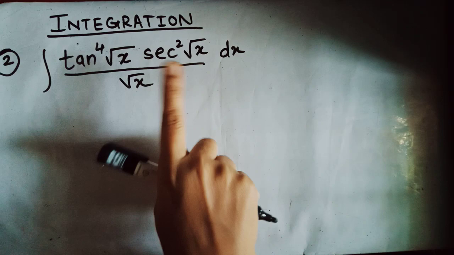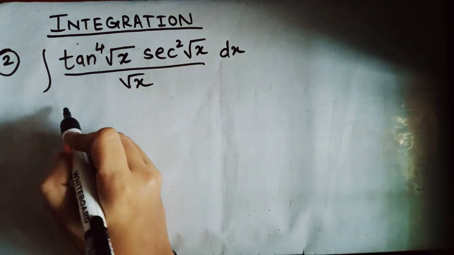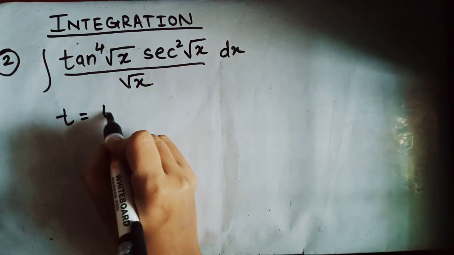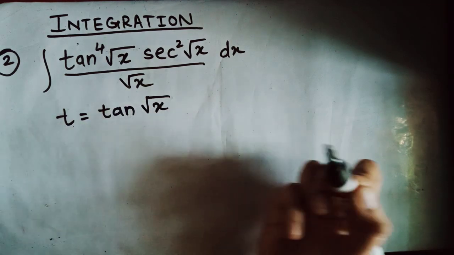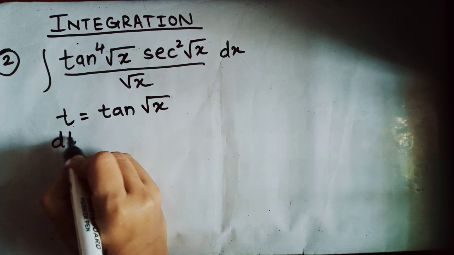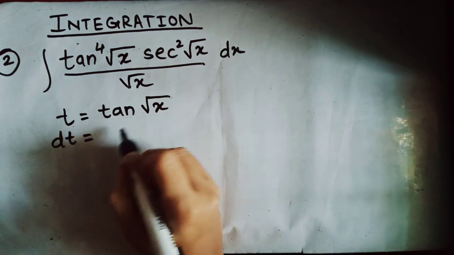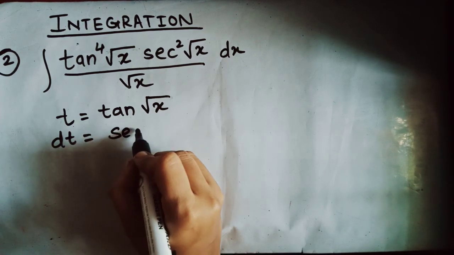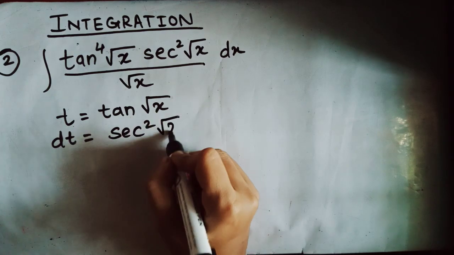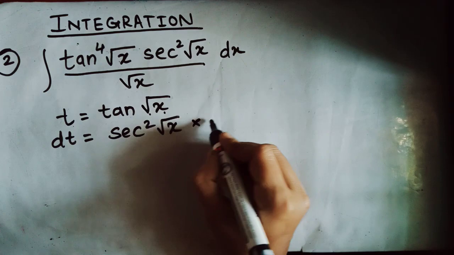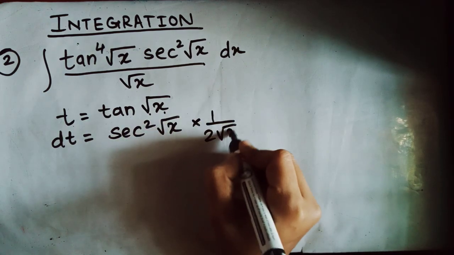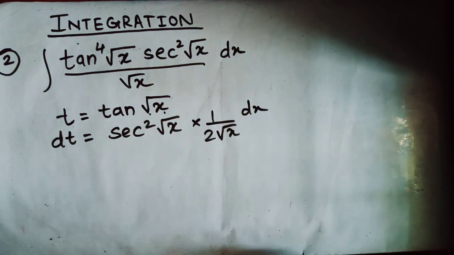So the derivative is there, so we can take t as tan of root x. So dt will be what? tan root x sec square root x, and you have to take the derivative of root x, which is 1 upon 2 root x, dx.